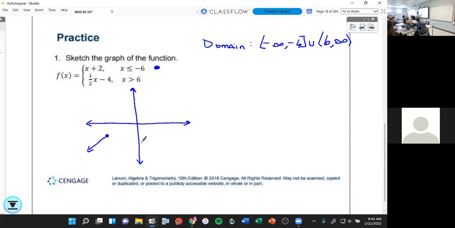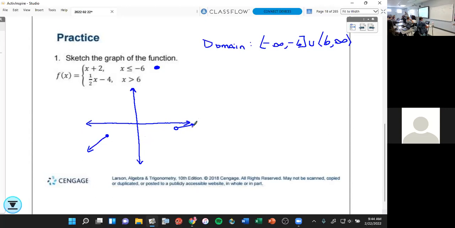Okay, so it's a little flatter, but it doesn't start until we get to 6, which is going to be negative, right? Because you plug a 6 in, you get half a 6, which is 3. 3 minus 4 is -1. So an open circle. Something like this. So this is a very, very rough sketch of this graph.